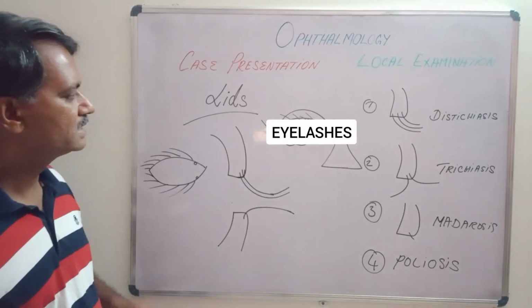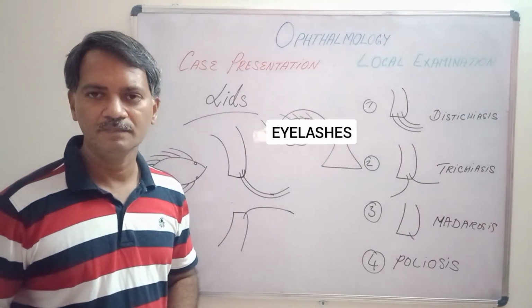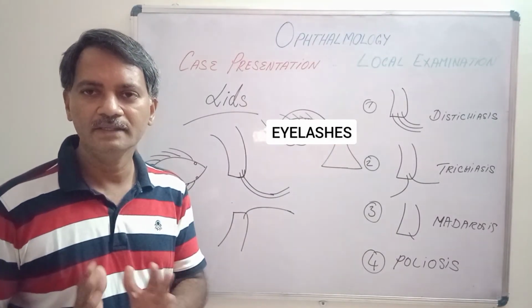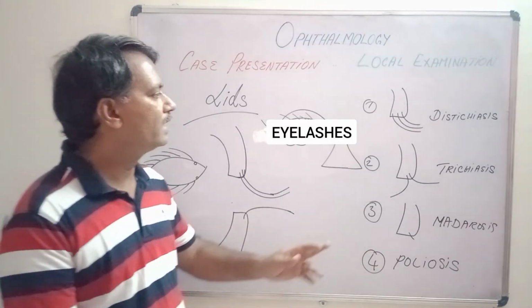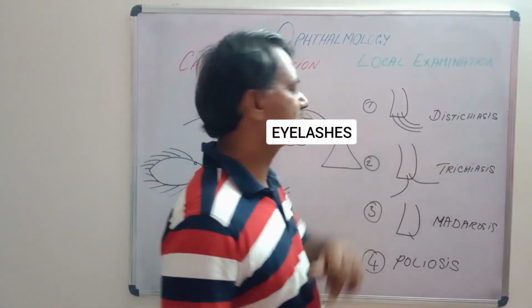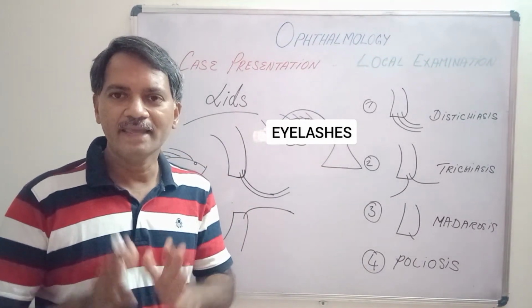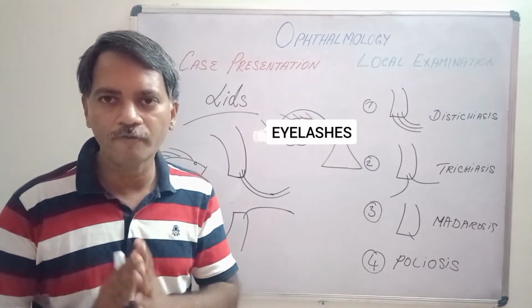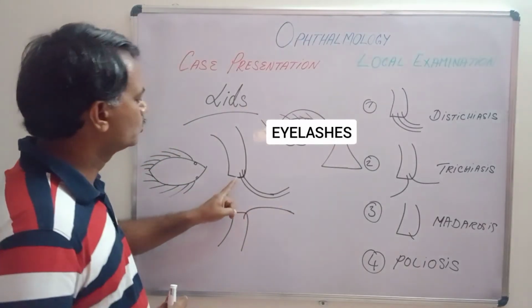Now, let us see what abnormalities can be caused by improper eyelashes. One is called distichiasis. There is an extra row of eyelashes. So here you can see 2 rows.